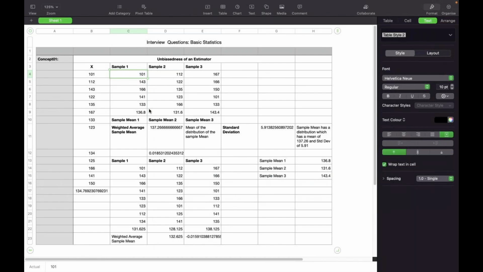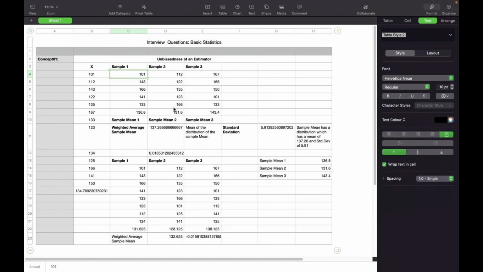So what I do is I do multiple random samples. When I'm doing the first random sample, I'm computing the sample mean. I'm trying to estimate the population mean with the sample mean, so the sample mean is an estimator over here. Now I'm creating multiple random samples, and for each of them I'm computing the estimator, the sample mean.